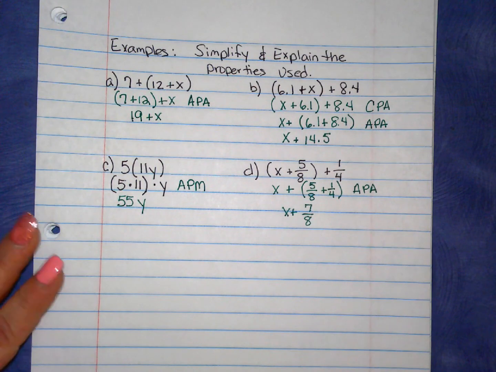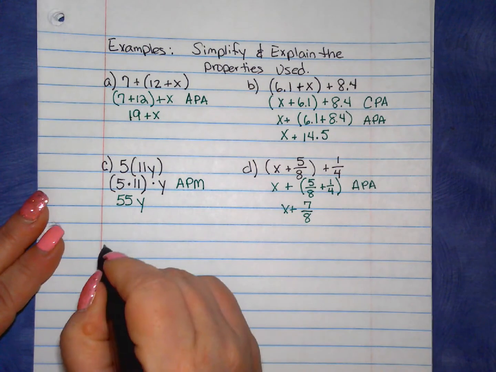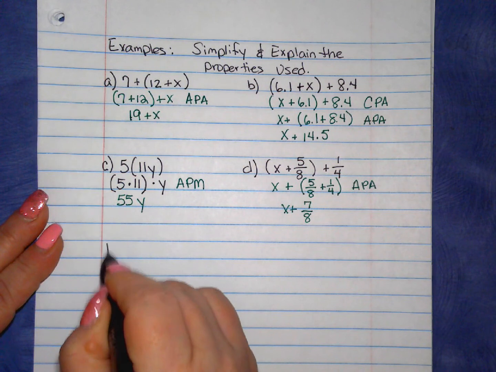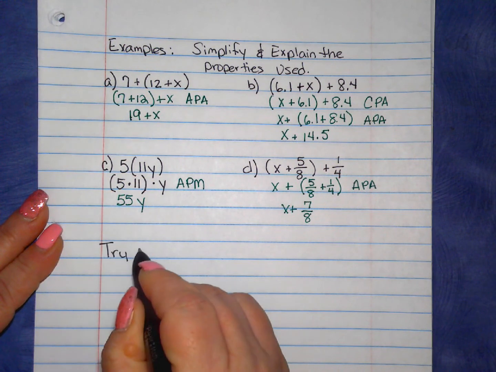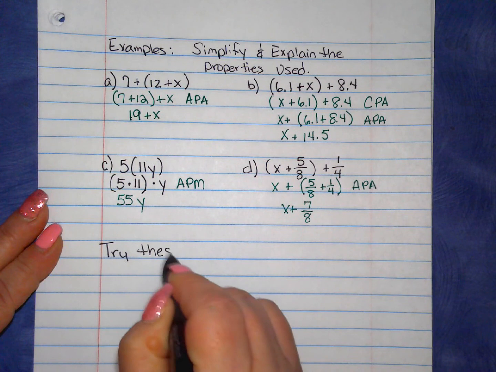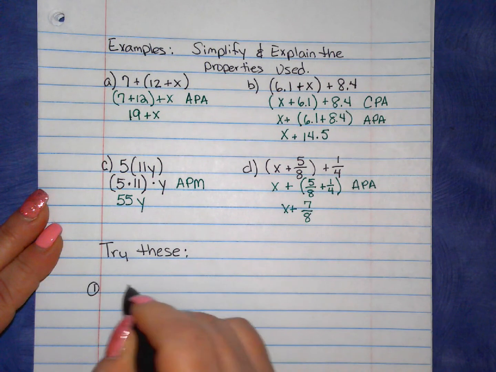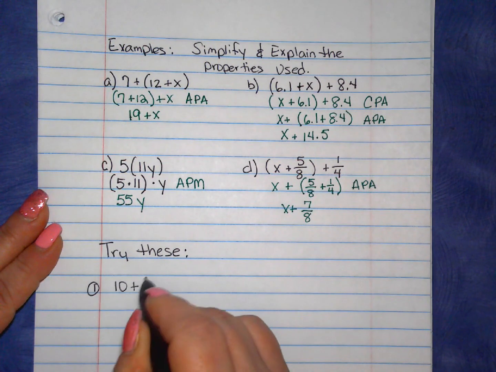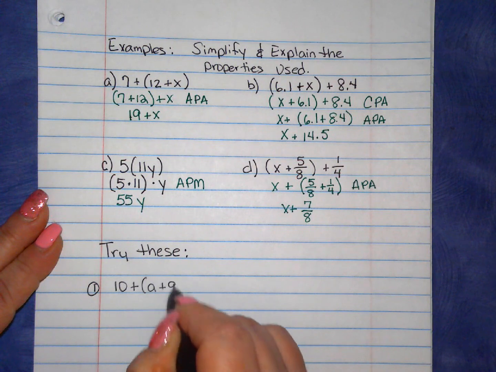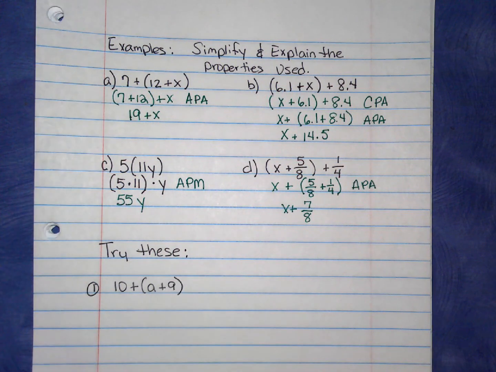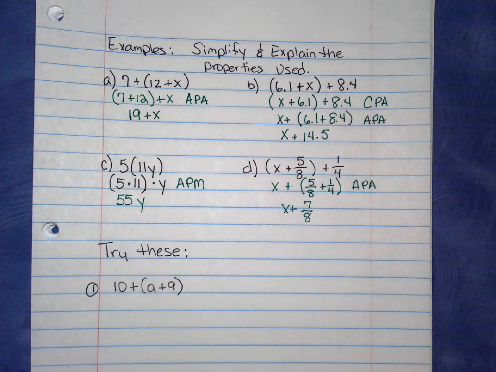Okay, I'm going to give you a few to try on your own. So I'd like you to copy these down and then go ahead and pause the video. Okay, number 1 is 10 plus a plus 9. Remember, it's not about solving this in your head. The best mathematicians can solve this in their head, but they still know they have to do it on paper and do it the proper way. This is about learning the properties, okay?